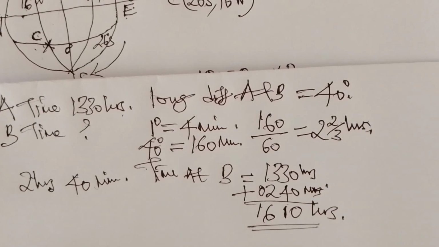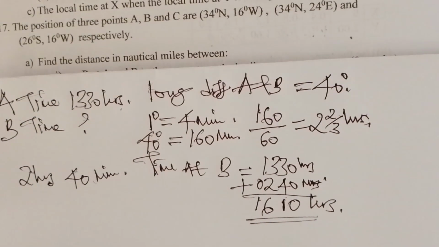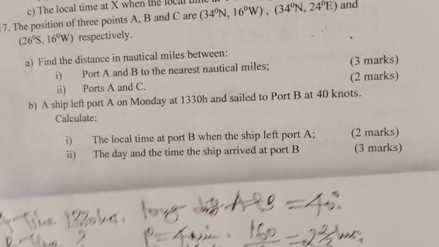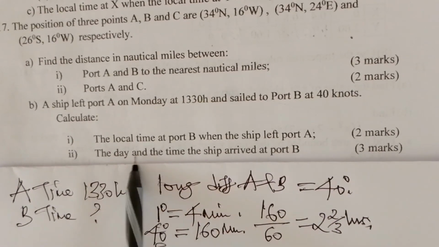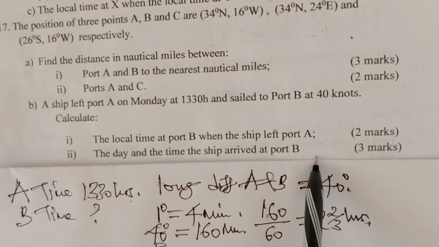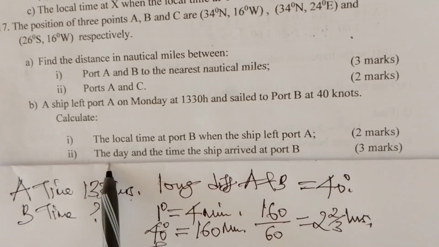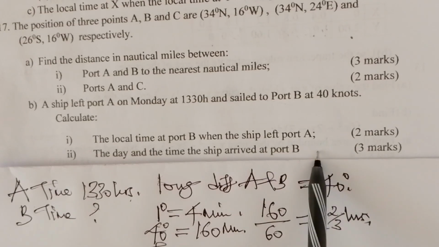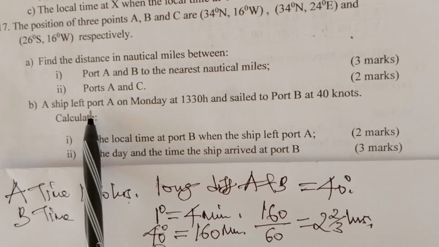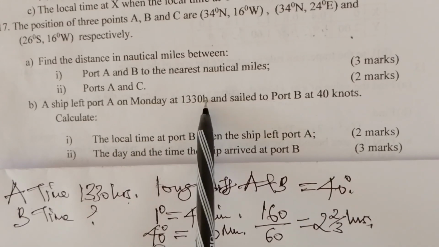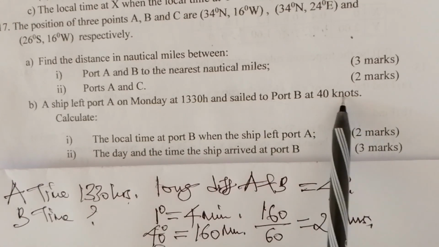In the next question, we are asked to calculate the day and the time the ship arrived at port B. What day and time did the ship arrive at port B? You are told that the ship left port A on Monday at 13:30 hours and sailed to port B at 40 knots.